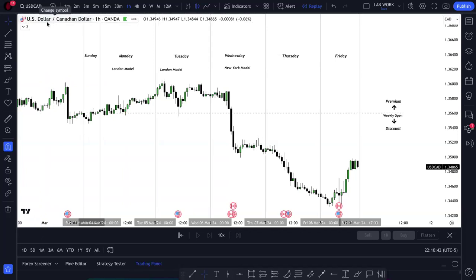Quoted currency and base currency. And anytime Canadian dollar increases in price, this will only mean UCAD will go lower. Vice versa, if dollar were to increase in price or if Canadian dollar were to decline in price, dollar is going to go up, and this pair is going to go up itself too.